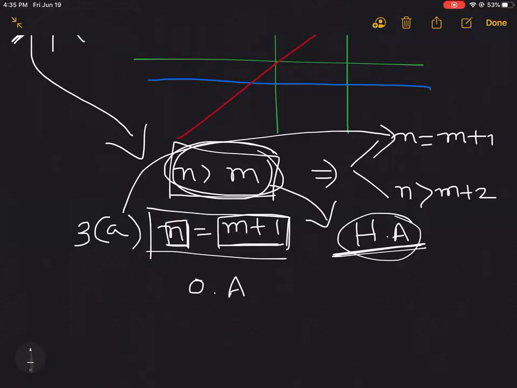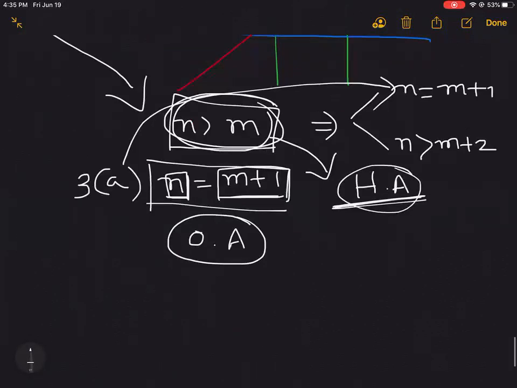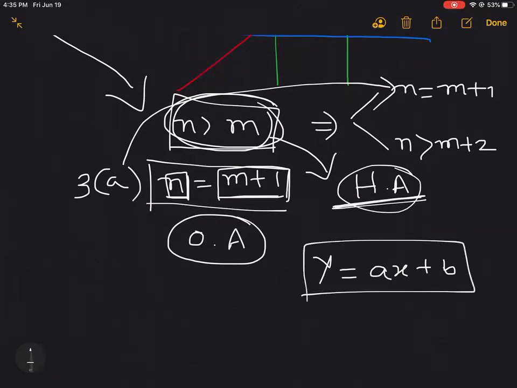And the answer is yes. We'll have an oblique asymptote. And what will be the asymptote? It will be y equals ax plus b. And this will be calculated from the ratio of the polynomial. We'll show examples of this hopefully.